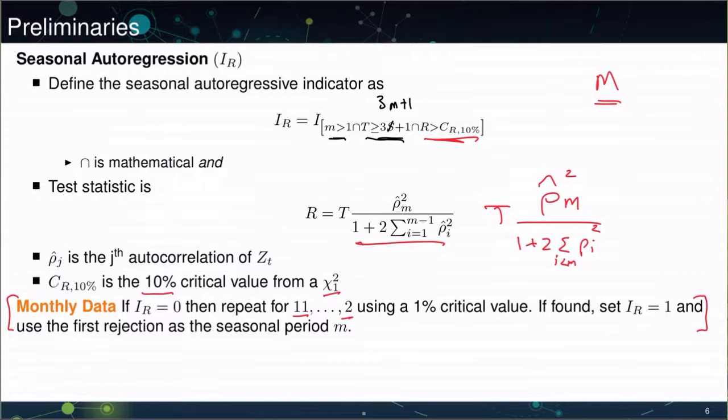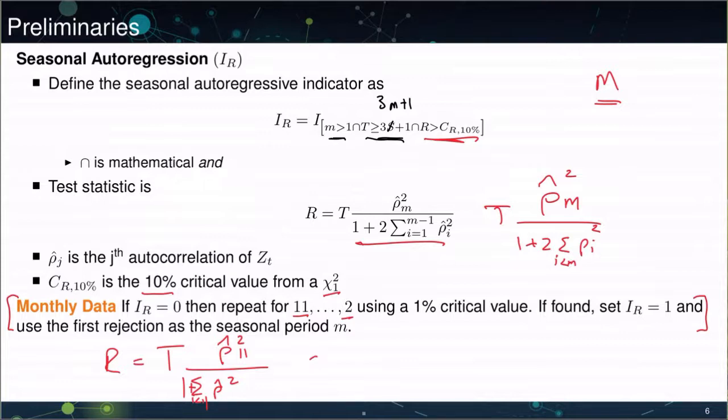For example, if we didn't find one at 12, you would then find a test statistic R equals T times rho hat 11 squared divided by 1 plus the sum of rho hat i squared for i less than 11. So you would compute that test statistic and compare it to the critical value for a 1% test.